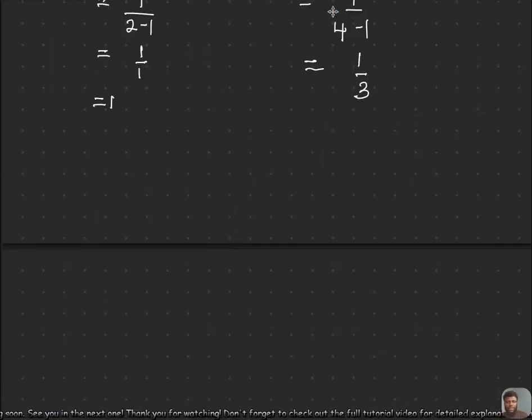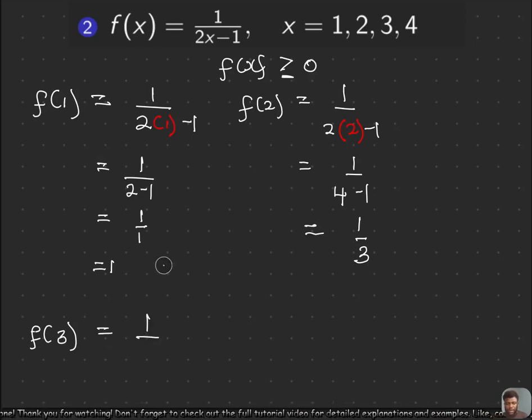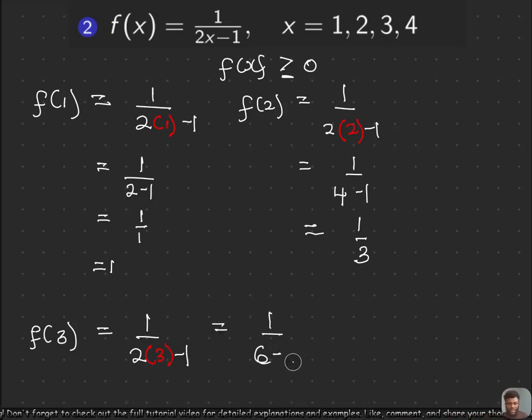Then we test the third value as well. We have f of 3, so we have 1 all over 2 into bracket 3, then minus 1. That gives us 1 over 6 minus 1, which is 1 on 5.